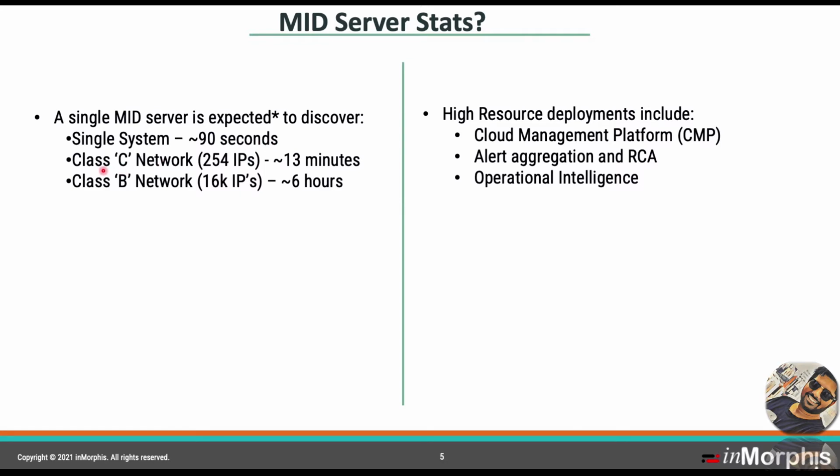If we have a class C network with 254 IPs, that will usually take 13 minutes, but it will depend on what kind of configurations you have in a mid server. If you have only one single mid server where you are doing all the things, then this number might increase. In the case of a class B network with 16K IPs, it will usually take 6 hours.